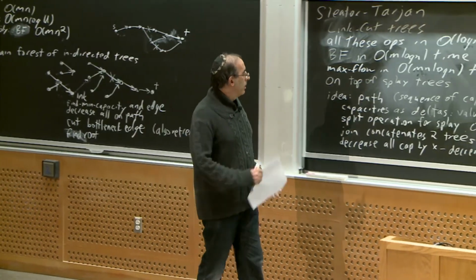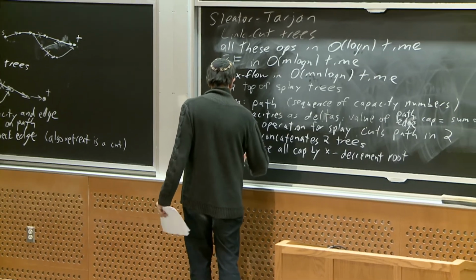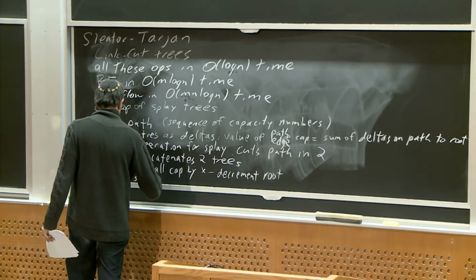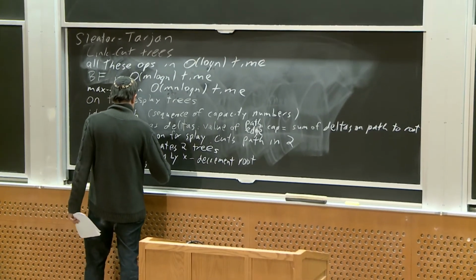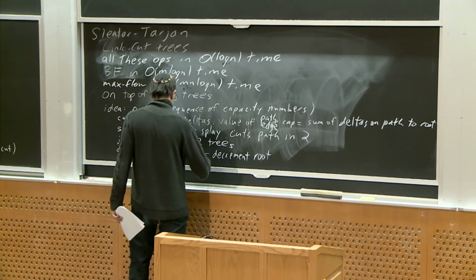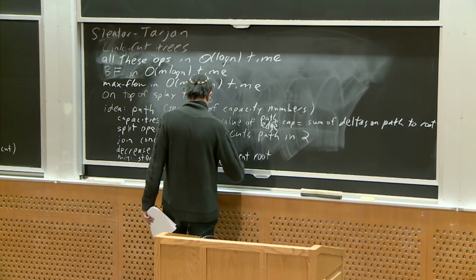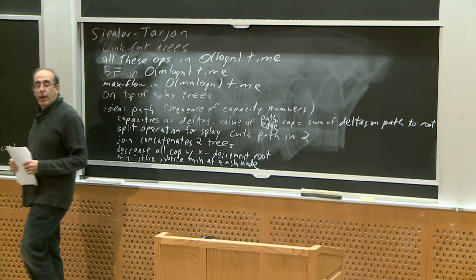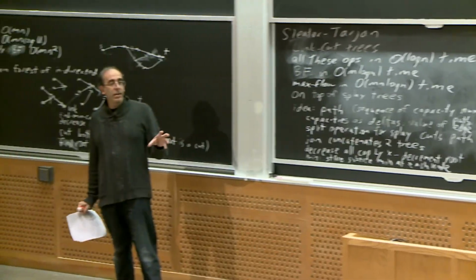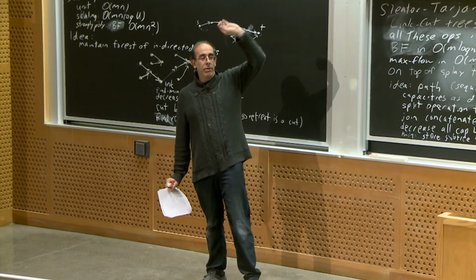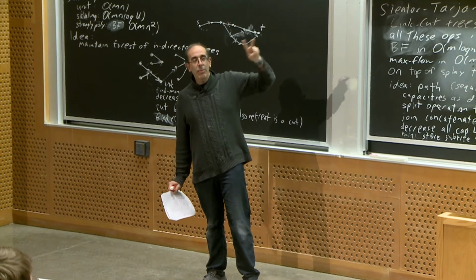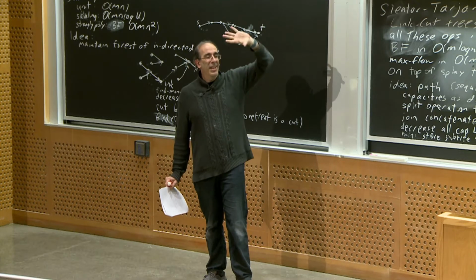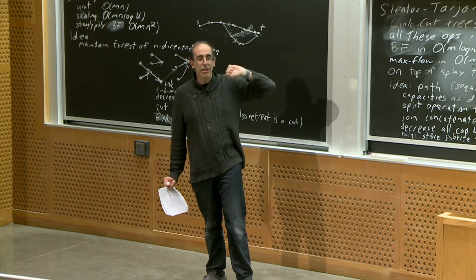For the min, you store the subtree min at each node. If each node knows the minimum capacity in its subtree, then you can compute the minimum at a given node by looking at the minimum of its two children, and that means you can maintain that as you do rotations.